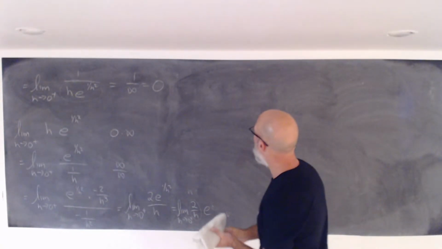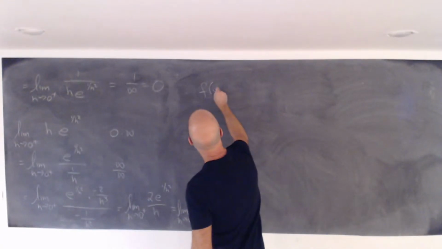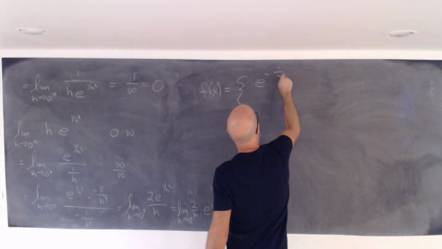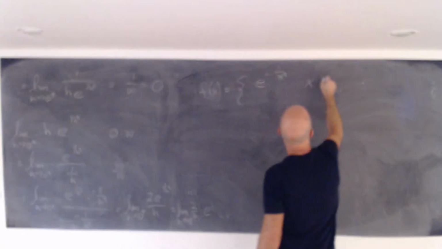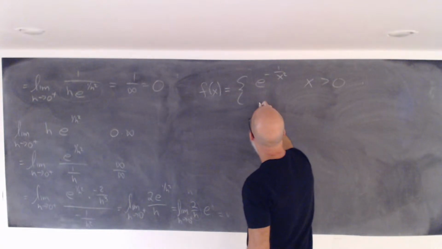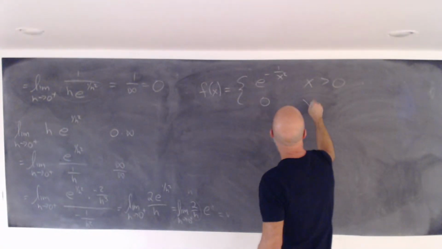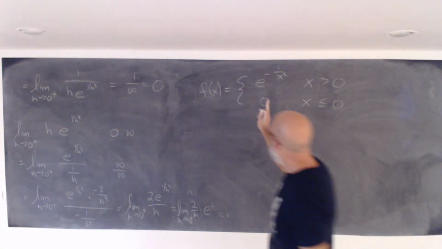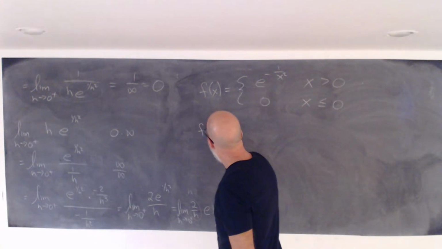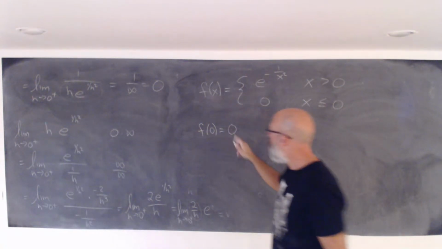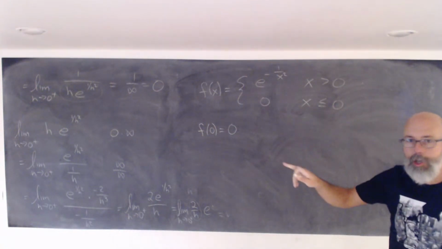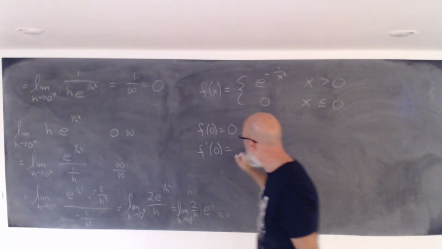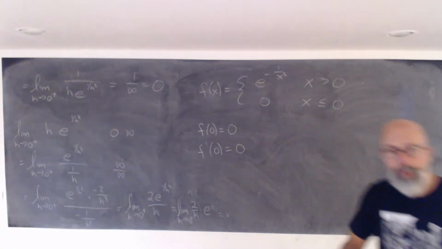What are we saying? We are saying that if you consider the function e to the minus 1 over x squared for x bigger than 0 and 0 for x less than or equal to 0, f of 0 by definition is 0. We just worked out the derivative at 0 to be 0.